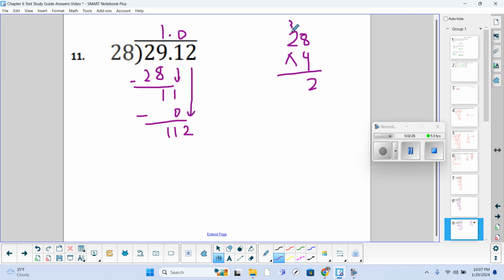Carry the 3. 4 times 2 is 8, plus 3 is 11. I meant 4 times 28 equals 112. Sorry, tired. My remainder is 0, which means the answer to this question is 1.04.